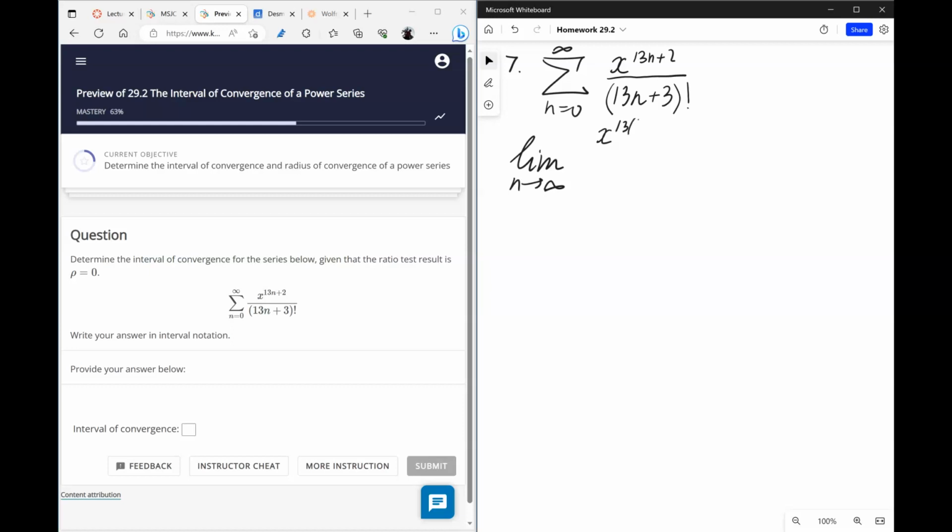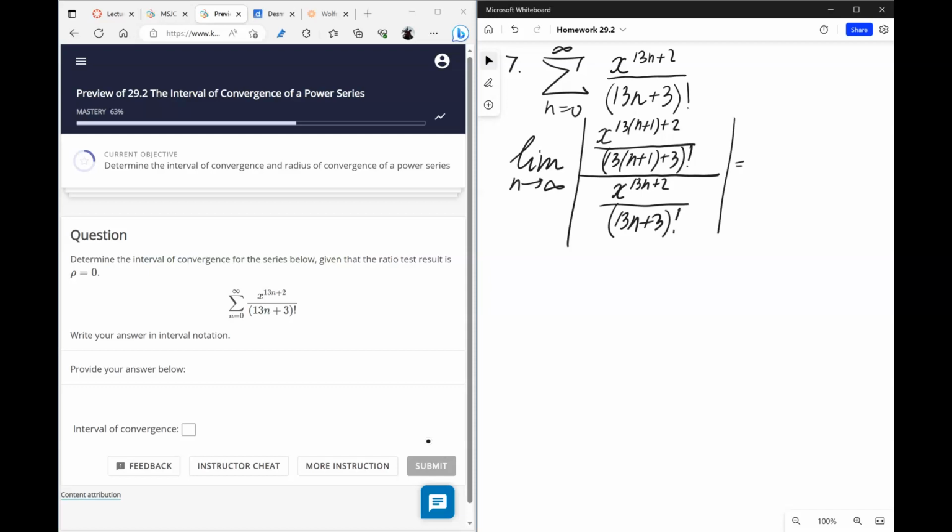We don't have to. So we take the n plus 1th term and divide it by the nth term. And simplify.